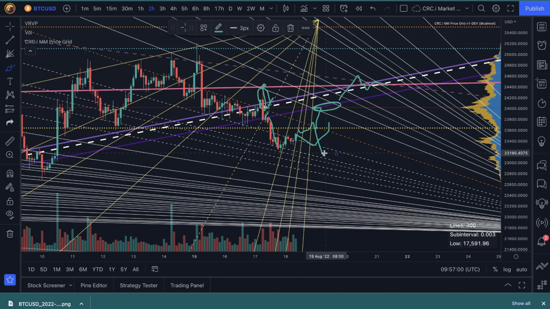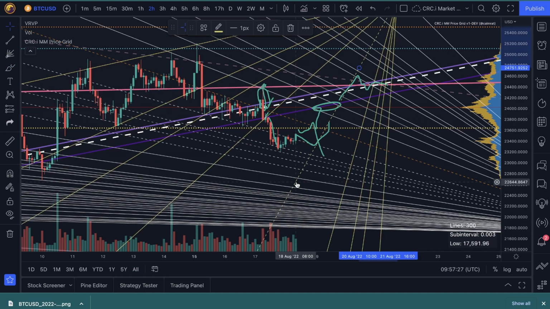I don't expect us in the next 16 hours to go below 23,500, probably not even 23,300 or 23,000. That would be really tight, given that the 45 line, the Gann fan, let's call that the golden pocket, although it's not. I don't know what to call that.